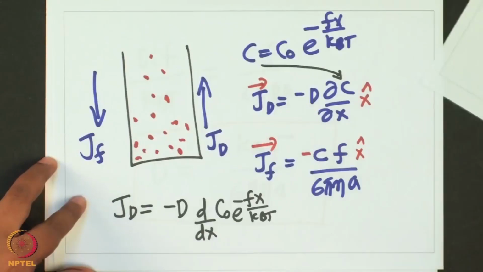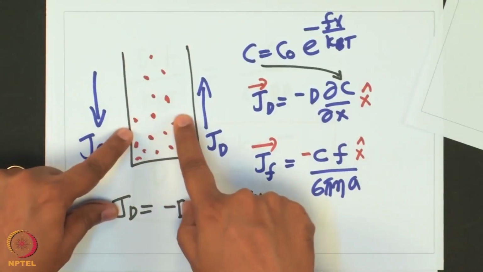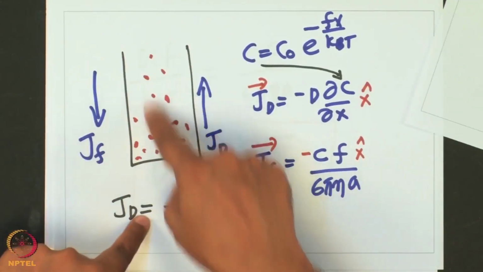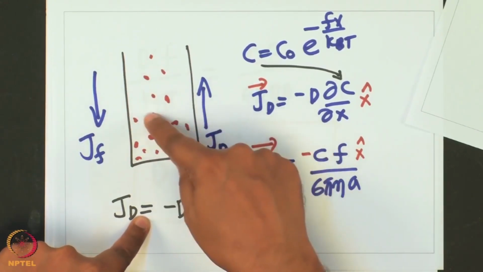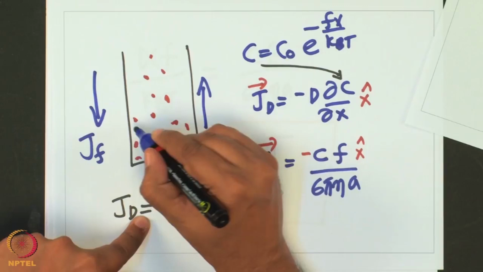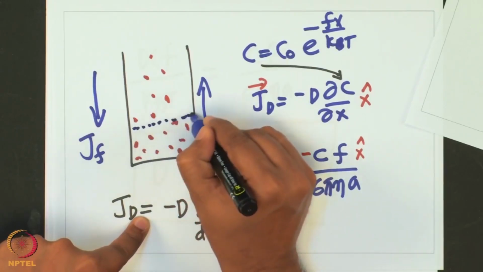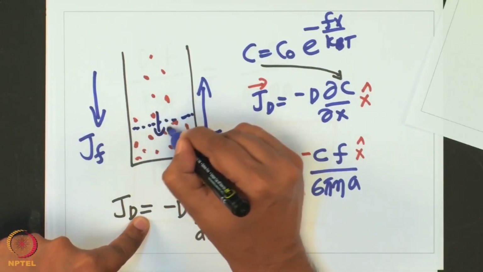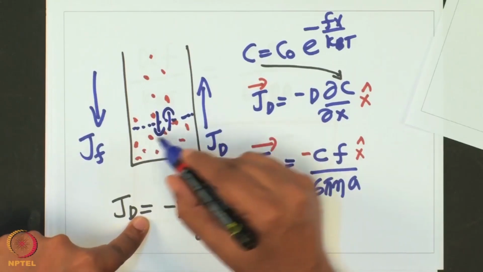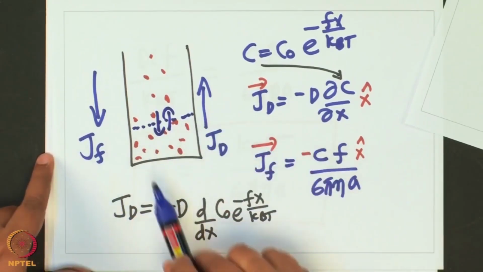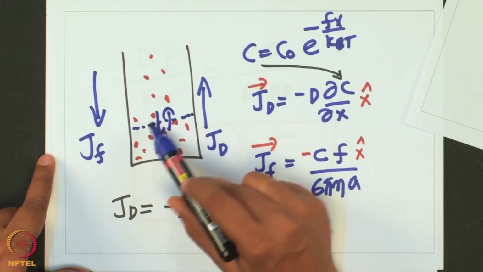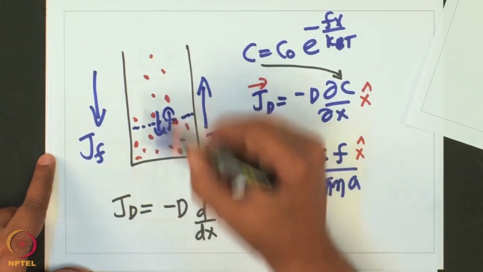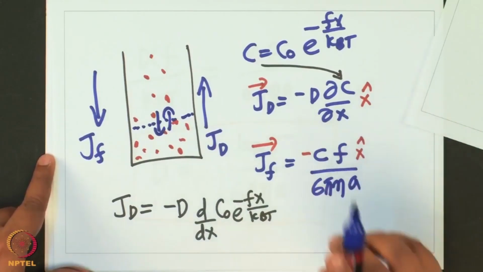That means at any point x, there will be a flow down which is equal to the flow up. On average, the number of particles will remain a constant at any point in x, and that is the equilibrium.